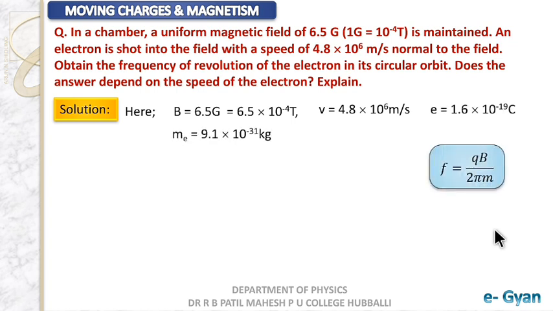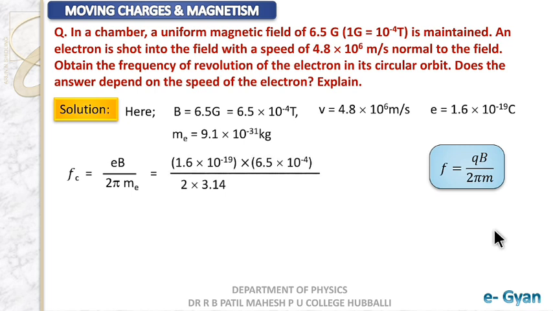Further, we will use the expression f equals qB divided by 2 pi m. So here the cyclotron frequency will be eB divided by 2 pi m_e. Further substituting their values, we get this expression, and if we simplify it using a simple calculator, we come up with the value 18 into 10 raised to 6 Hertz.